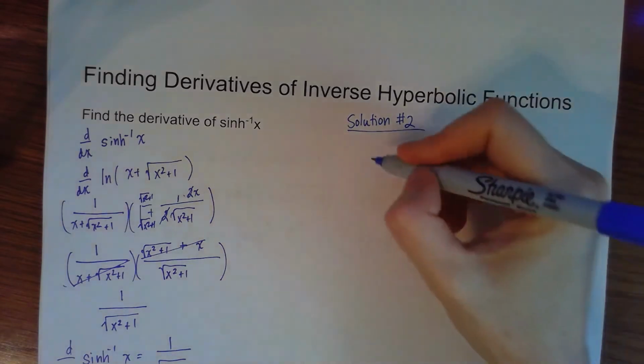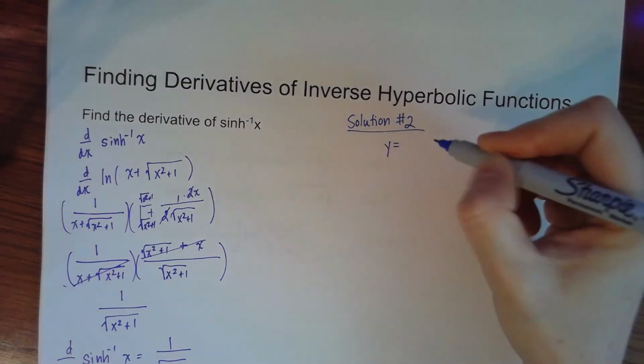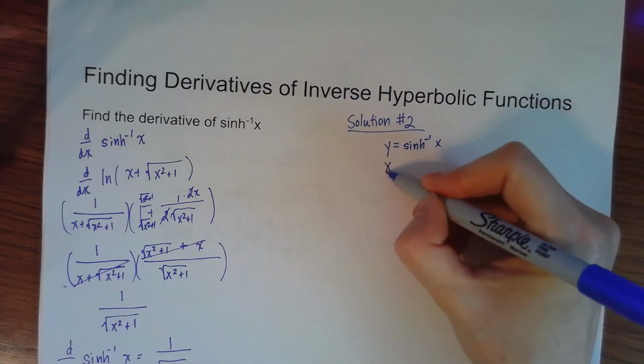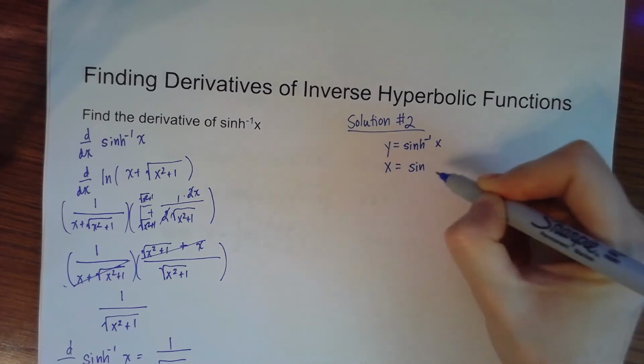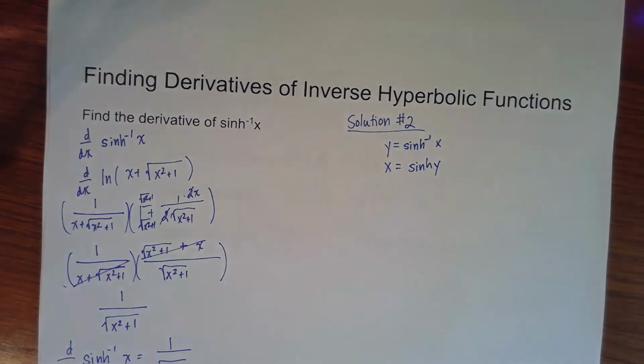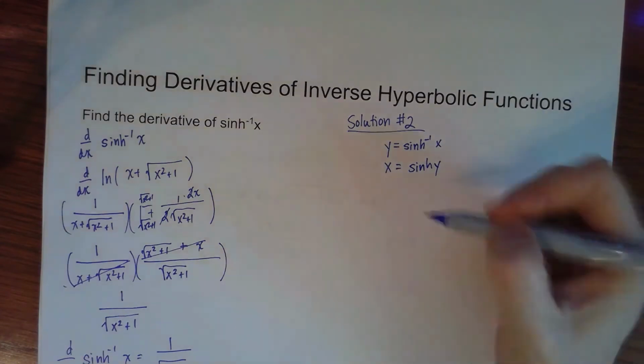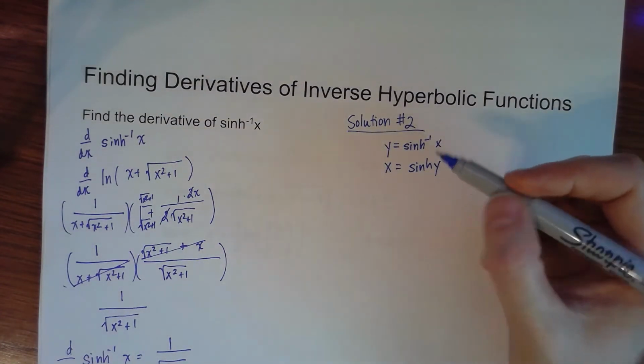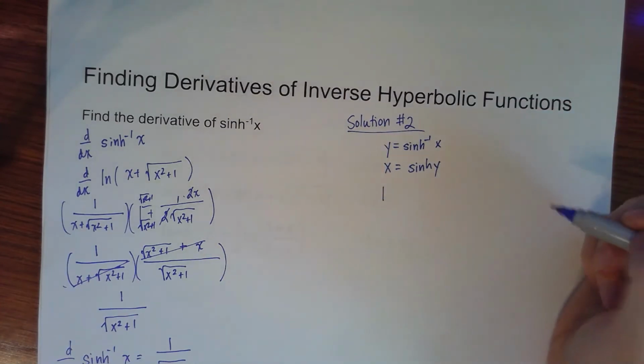We can start with y equals the inverse hyperbolic sine of x, and we know that's the same thing as x equals the hyperbolic sine of y. Now, instead of substituting in an expression, we're going to go ahead and do implicit differentiation. So we're going to take the derivative with respect to x. So here we'll get 1.